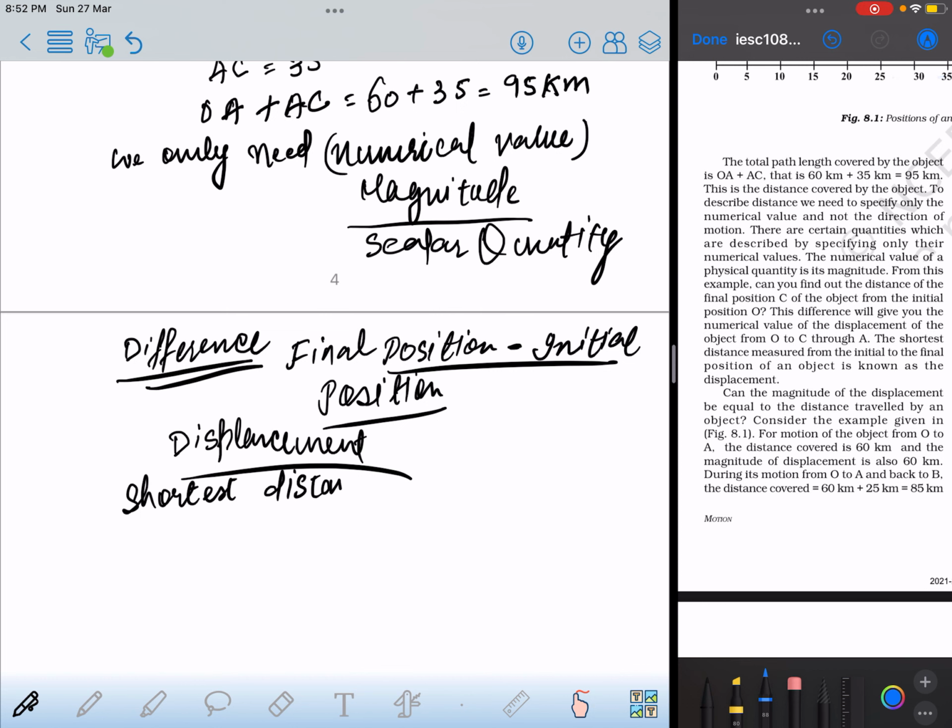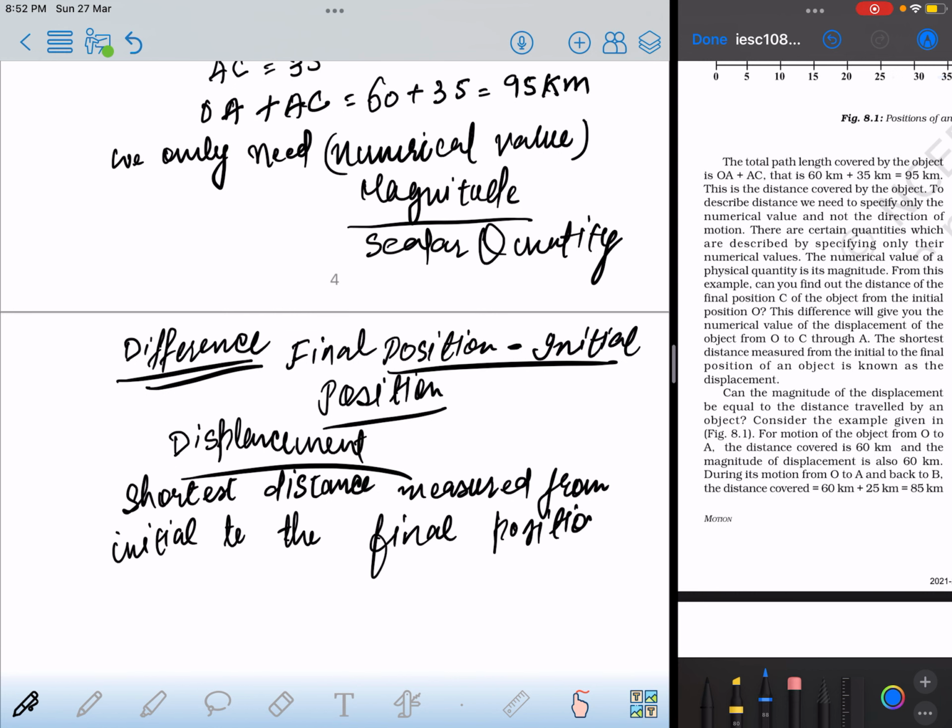When we have the shortest path, or we can say the final position minus the initial position, or from the initial to the final position of the body, that quantity is known as displacement.